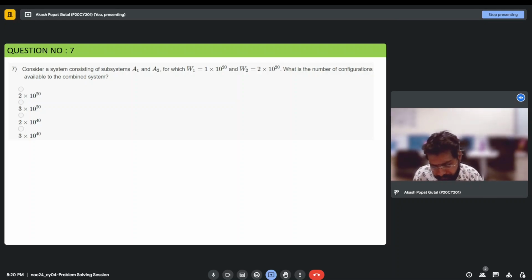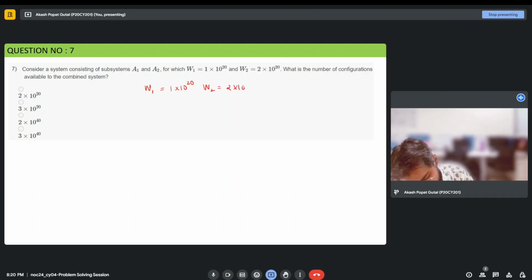So this problem, we have W1 is equal to 1 cross 10 raised to 20, W2 is equal to 2 cross 10 raised to 20. And we need to find out the number of configurations available for the combined system.